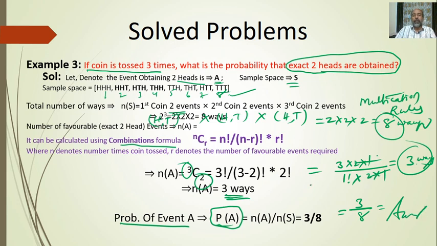I hope you understand the difference between the combinations and the permutations. In the probability, we use the combinations frequently, whereas we have to learn the permutations also, and what is the difference between the permutations and combinations.